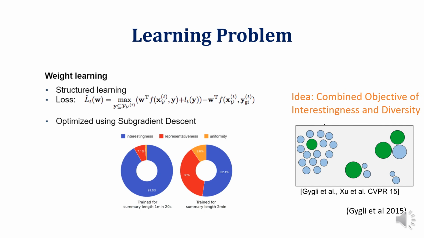As pointed out earlier, most of these previous data sets have had ground truth summaries of different durations, and so when the combination of these three components, interestingness, representativeness, and uniformity, was computed, or rather learned, on summary lengths of 1 minute 20 seconds as against summary length of 2 minutes, you find that the importance given to representativeness has increased, and the importance to interestingness has decreased.